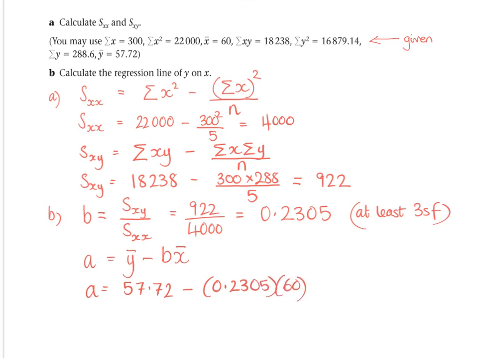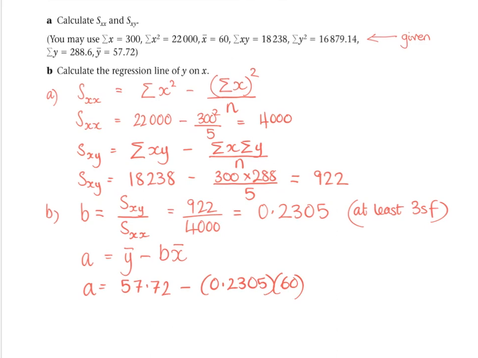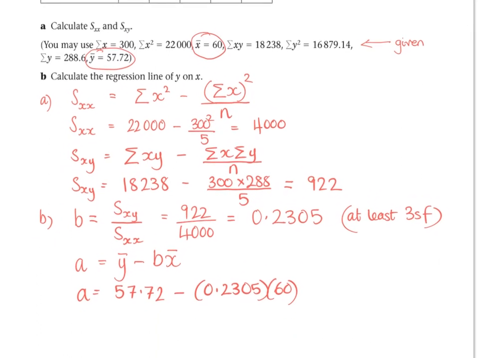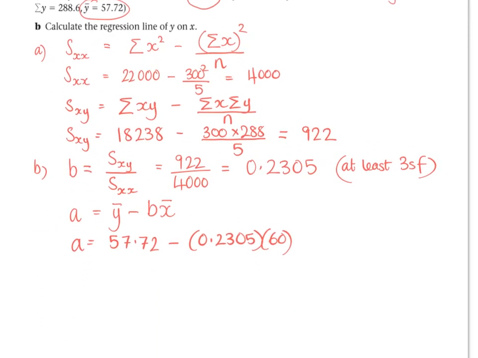Now if we look back at the question, we can see here that x bar is given to us and y bar was given to us. So that's where I've used it, and I didn't have to actually calculate it. More or less the information will be given to you.